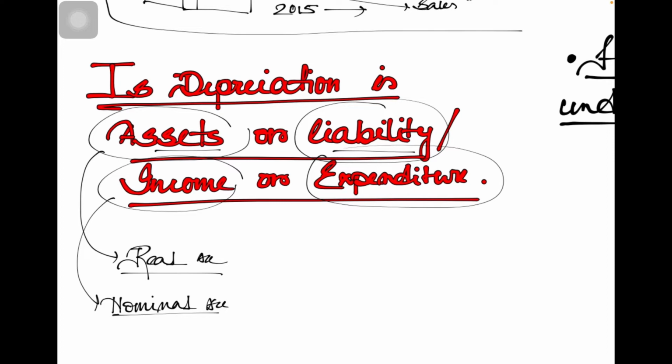First of all, we need to understand we are charging depreciation upon assets, and because of depreciation accounting, the price of any fixed asset decreases. Any fixed asset's price decreases every year because of depreciation. So certainly depreciation accounting is not an asset.